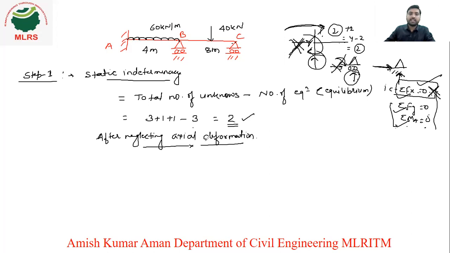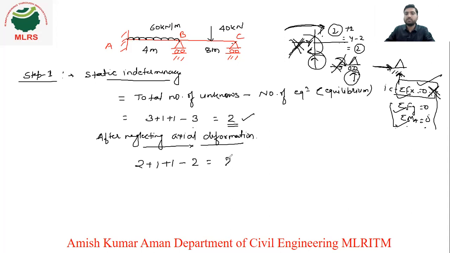So after neglecting axial deformation, how many reactions will be there? Only 2, because we will cancel this x1, right? So only moment and vertical. So 2 plus here only vertical is there 1, plus here only vertical is there, and now the number of equations reduces to 2 only, because we are using it after neglecting axial deformation.